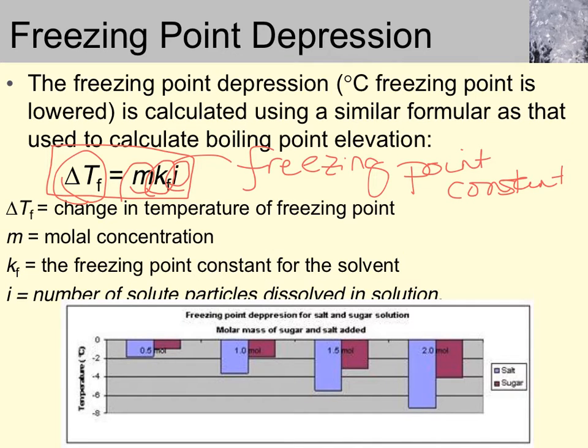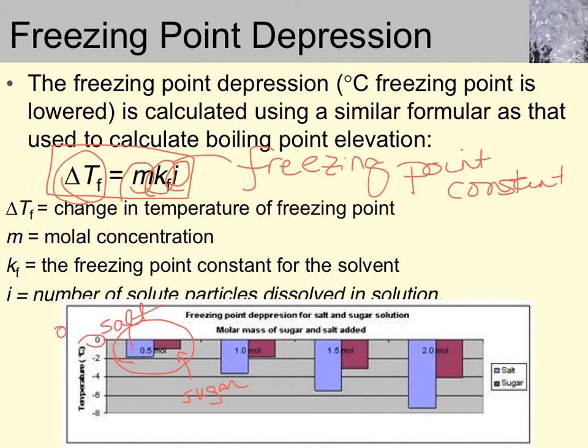So let's look at the type of effects we might see on freezing point, depending on a solution. If we add quantities of salt, the light purple is adding salt to water, and the darker maroon is adding sugar to water. So if we add the same amount of salt and sugar to 2 separate solutions of water, look what happens to the freezing point.